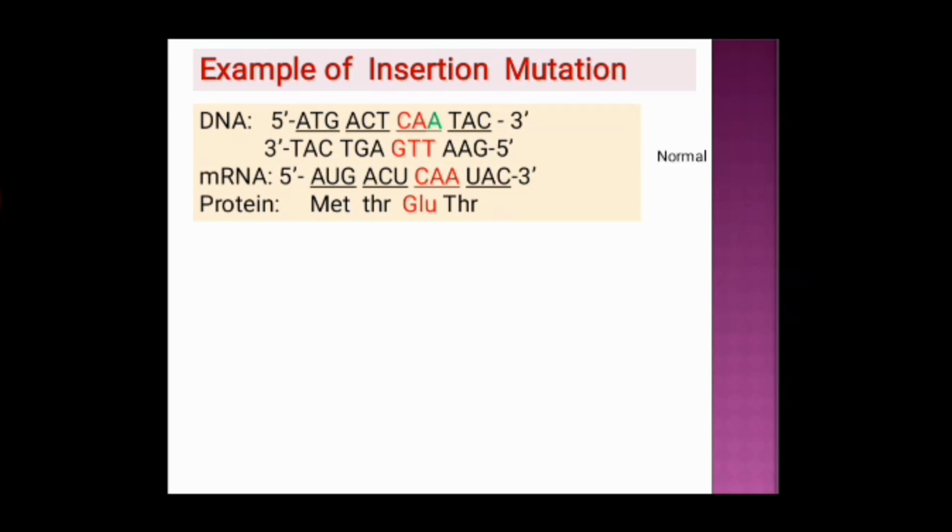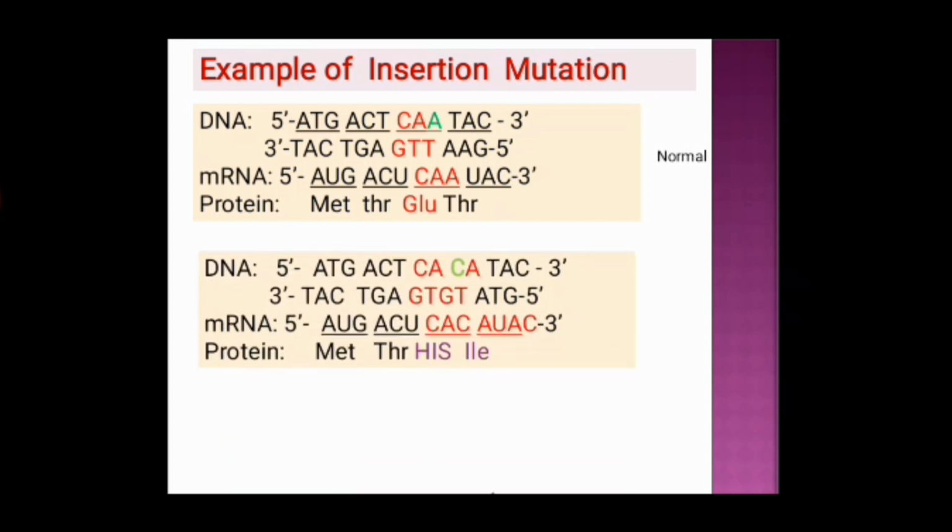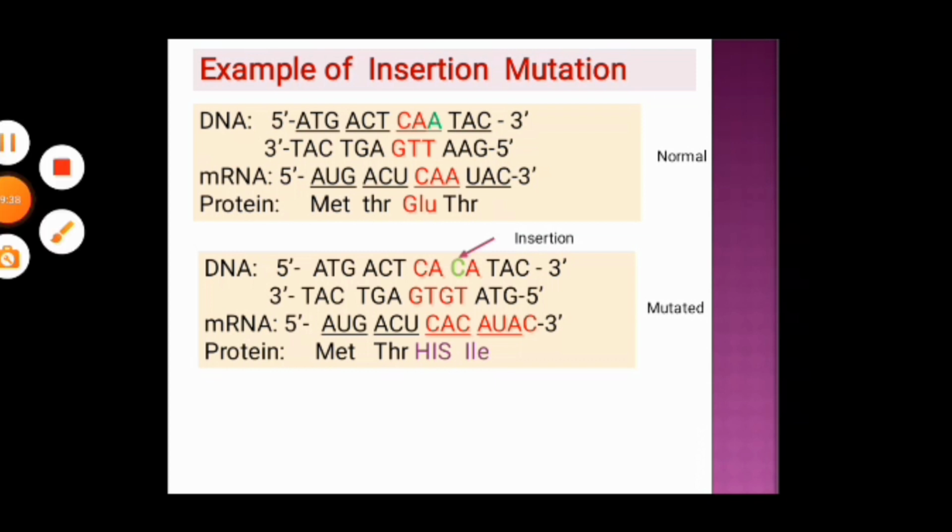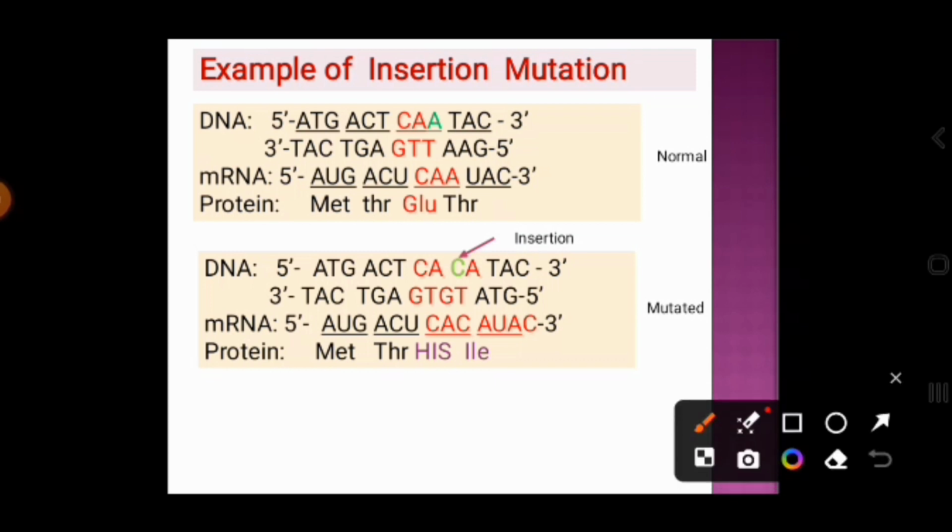Now let's discuss insertion mutation with an example. Again, this is the normal version and this one is the mutated version. Here there is addition of a cytosine nucleotide at that position. In the normal DNA sequence, it was ATG, ACT, CAA, TAC, whereas in the mutated version it is ATG, ACT, CAC, ATAC.